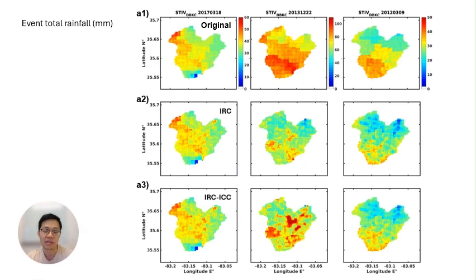So this is an artifact of the IRC framework, and if we incorporate that ICC, the initial condition correction, we see reduced uncertainties for very short travel time distributions, and we see improved precipitation structure and also flood simulation, as we just previously explained.